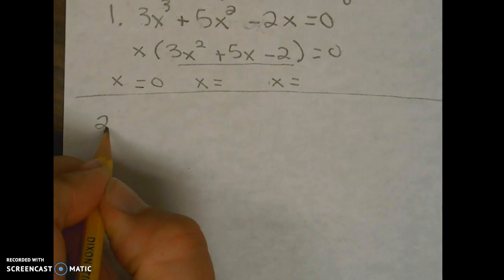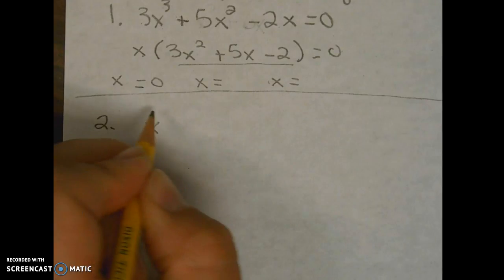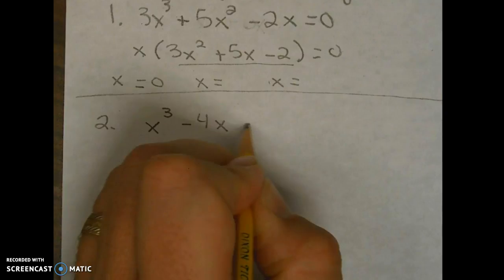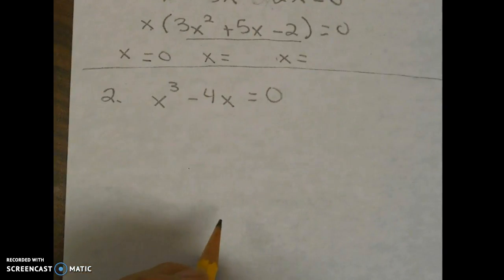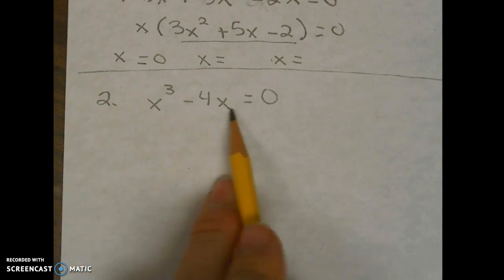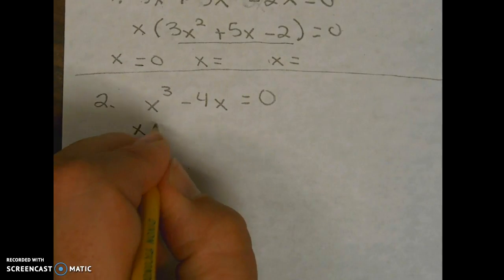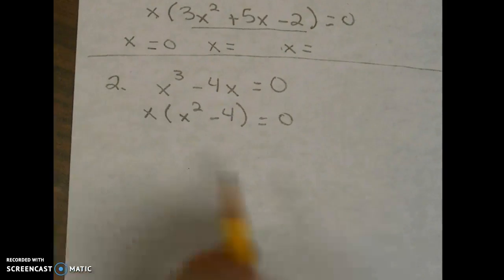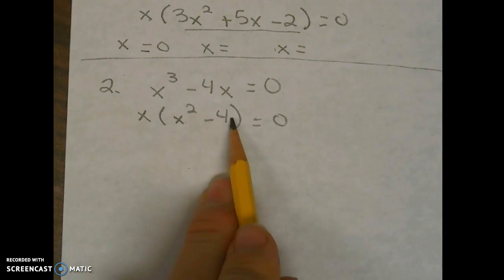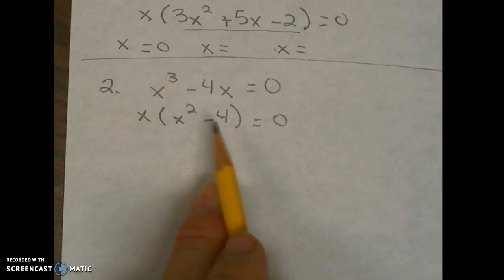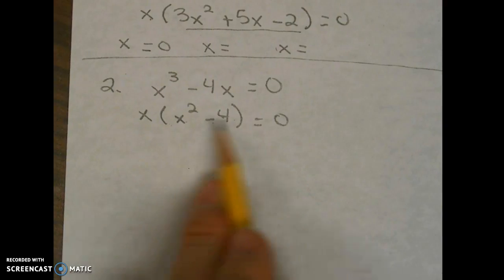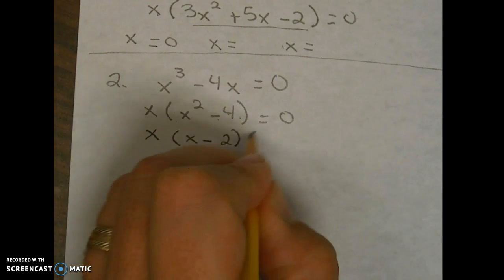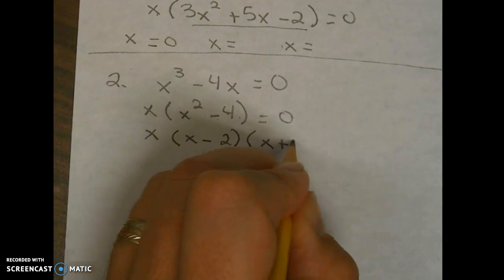Second type of problem, it's kind of similar to the first. We see an x in common, so we'll factor out the x. And then from here, I just wanted to remind you that when you have a difference of two perfect squares, you can very easily factor that to x minus 2 and x plus 2.